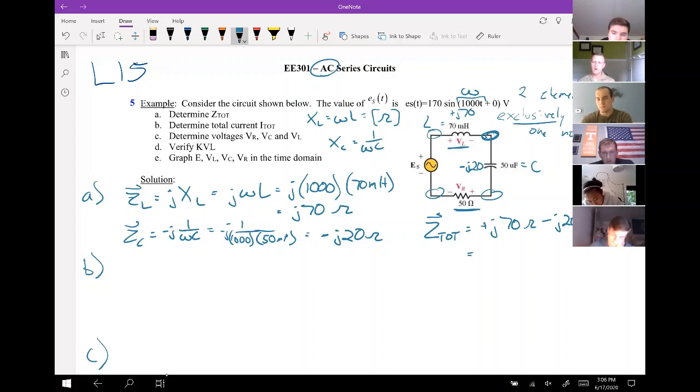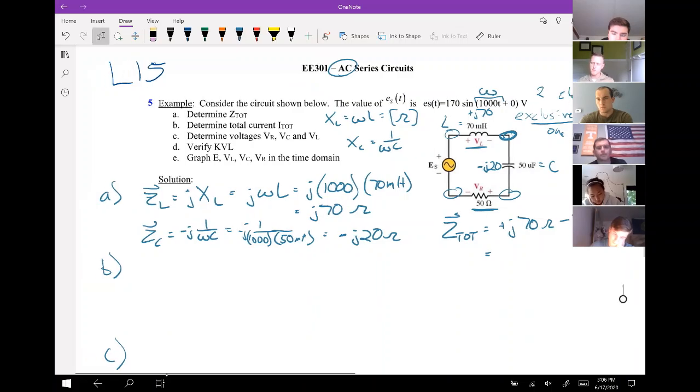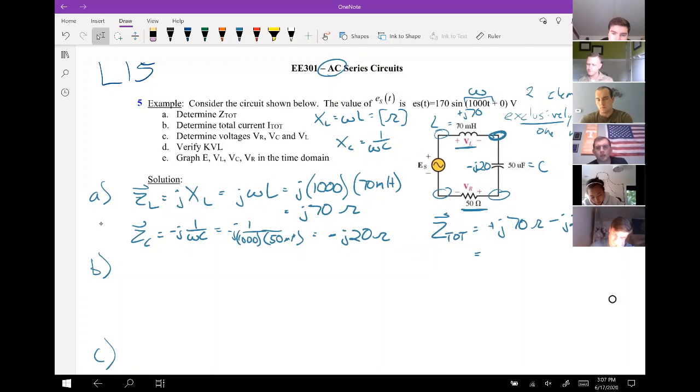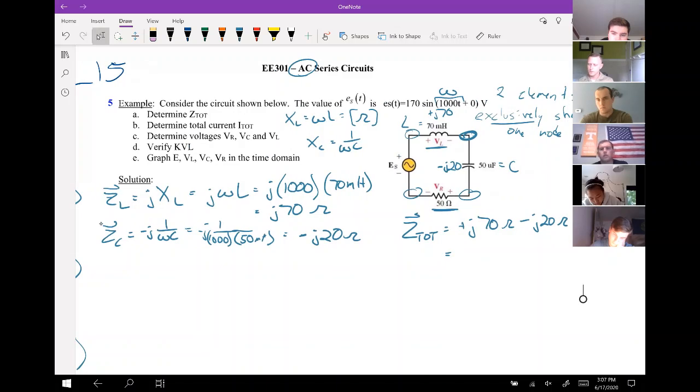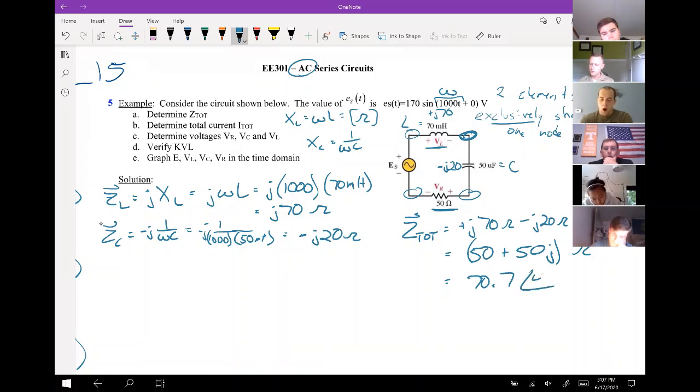You can do this one in your head, but if you plug it into your calculator in rectangular form, it'll say 50 plus 50 i. On your calculator it's i, but we treat it as j because i is already current, and this is ohms. If you have it in polar, it'll say 70.7 angle 45 degrees ohms.